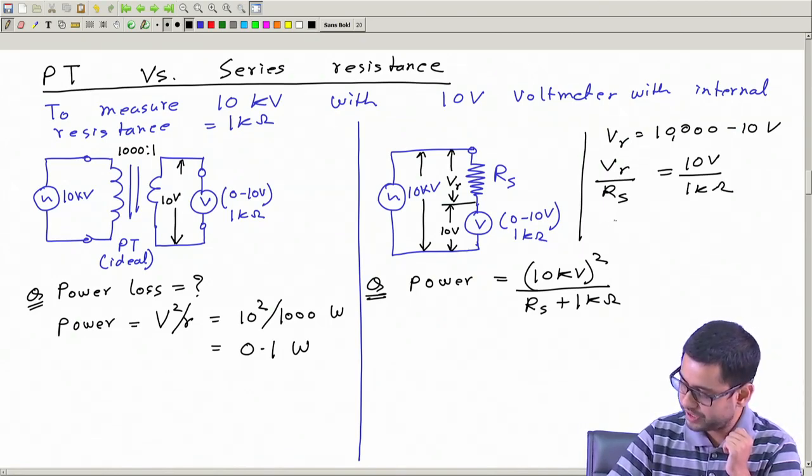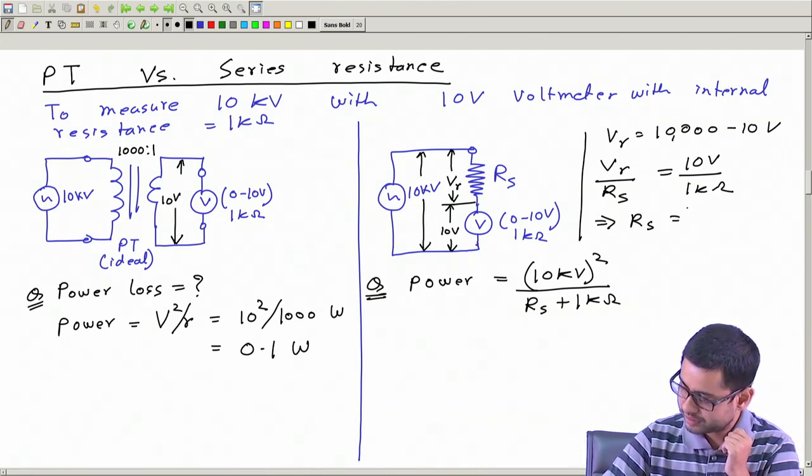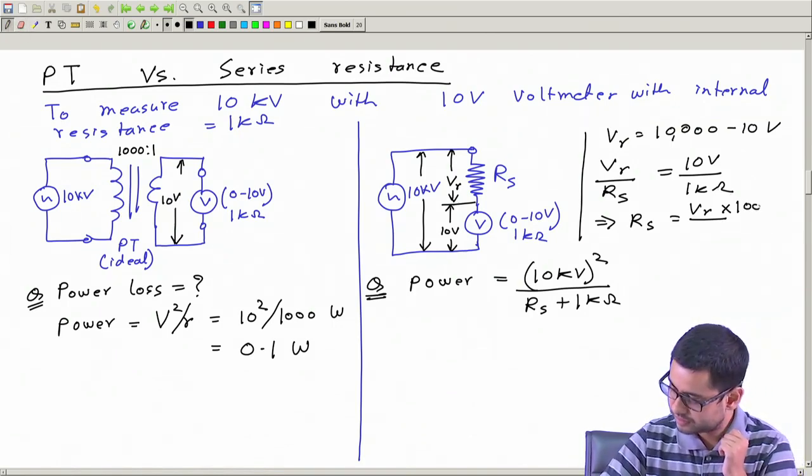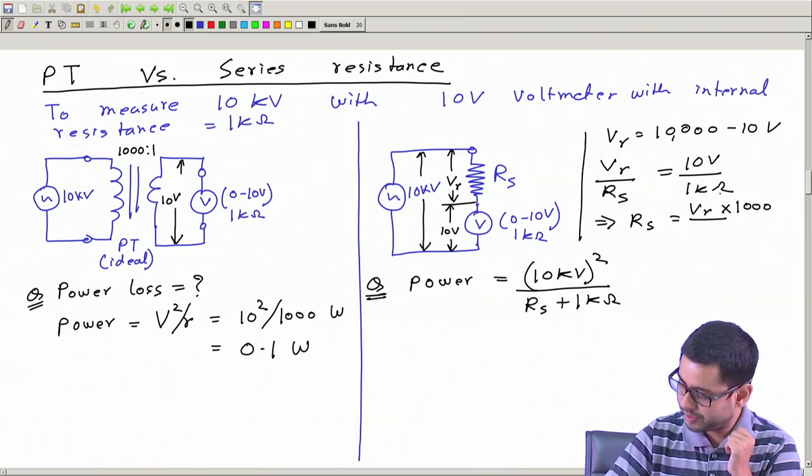From this we write Rs is equal to VR multiplied by 1 kilo, or 1000, divided by 10 volt.